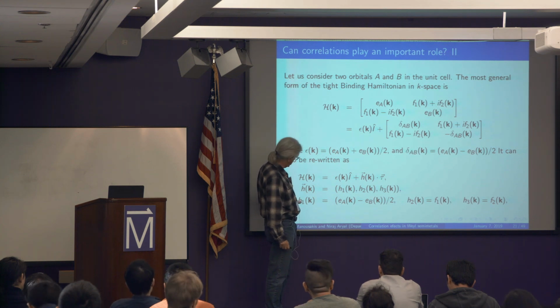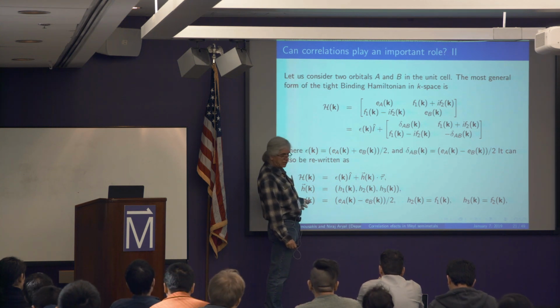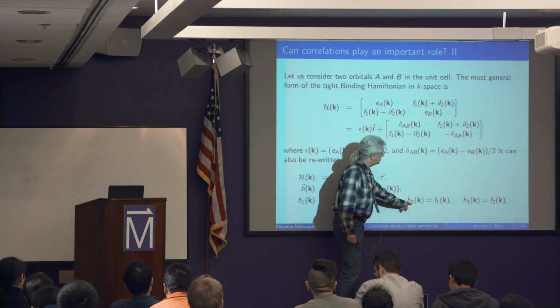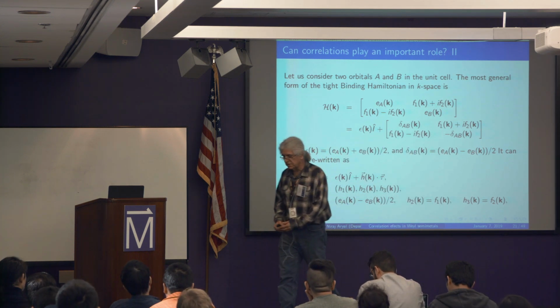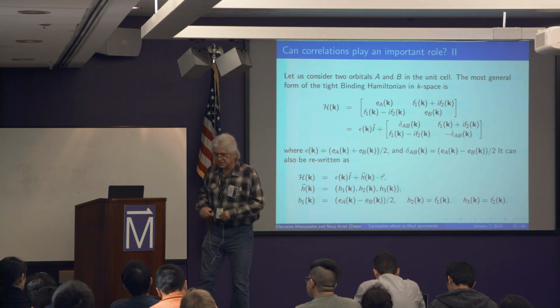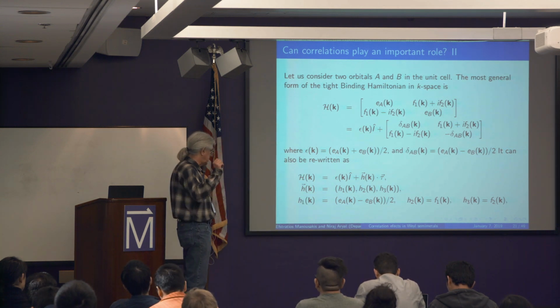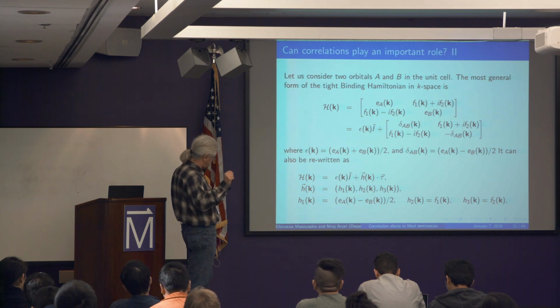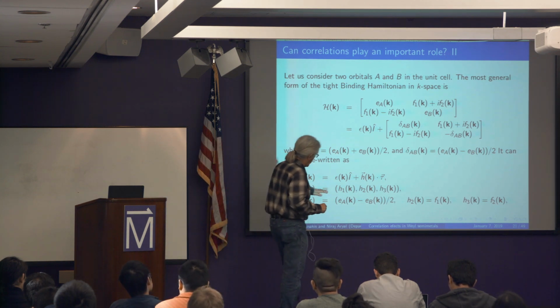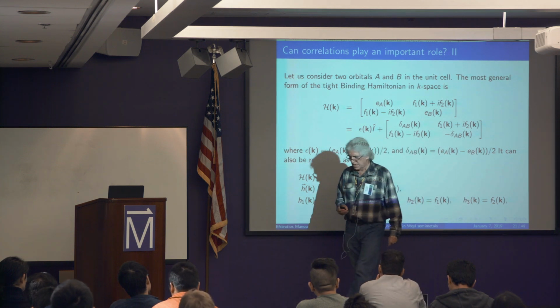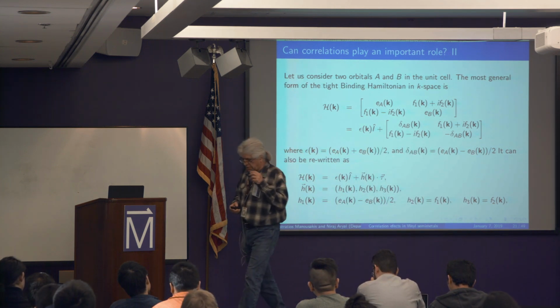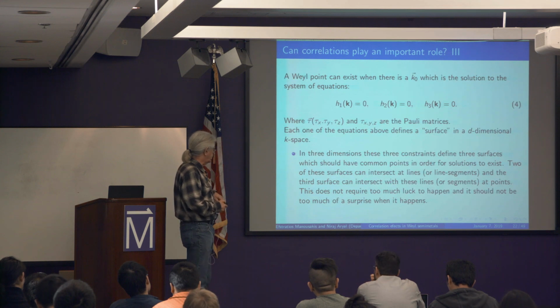The Weyl point exists when there is a k value where H1 is 0, H2 is 0, and H3 is 0. That means you have to be able to simultaneously find kx, ky, kz, some special point in k space where simultaneously I make this equal to 0, this equal to 0, and that equal to 0. And now, this is possible.